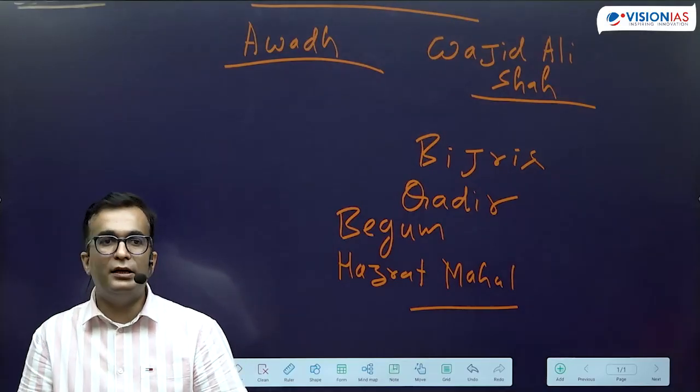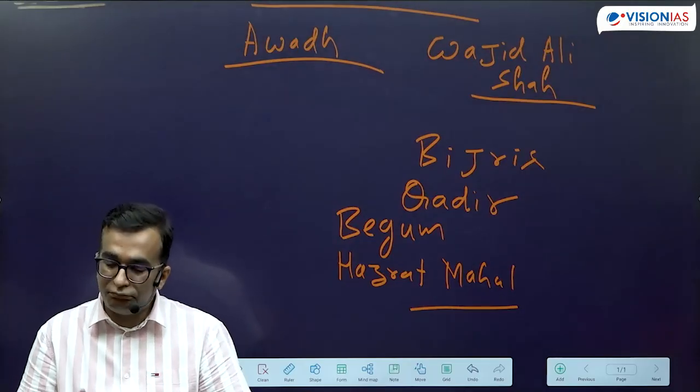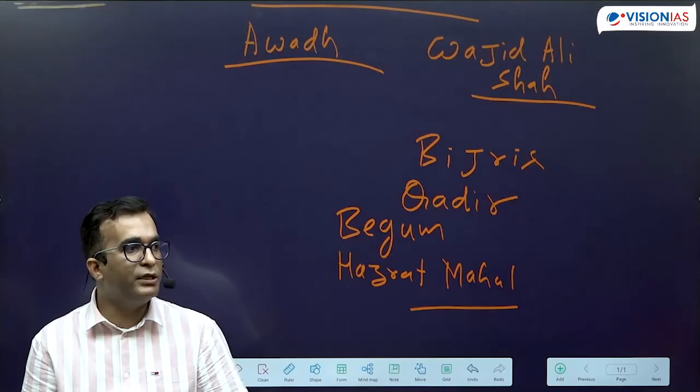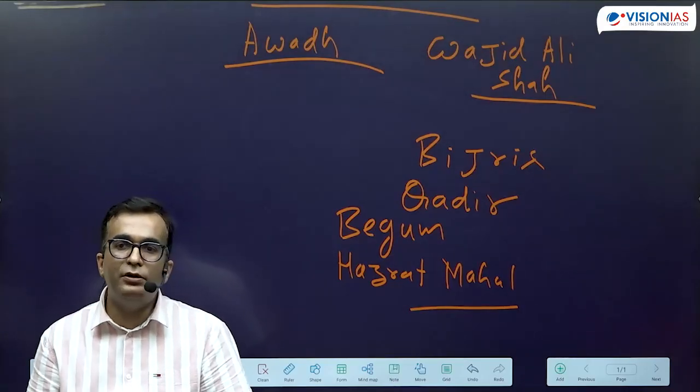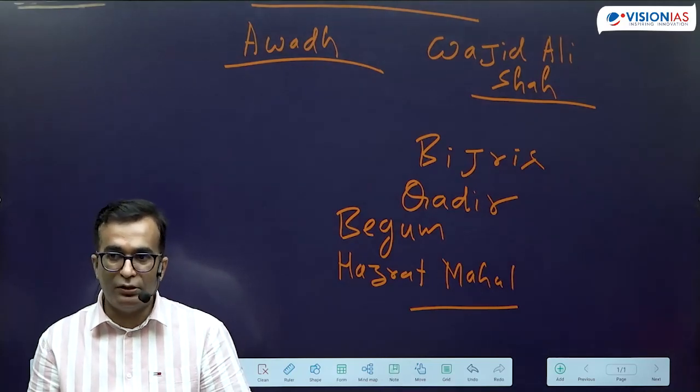Then she started to make alliances with the people. She persuaded the King of Gwalior, the Sindhyas also, but at this point of time, the Sindhyas were not in support of the Rani. And she got the help of the trusted aide of Nana Sahib, Tantya Tope.